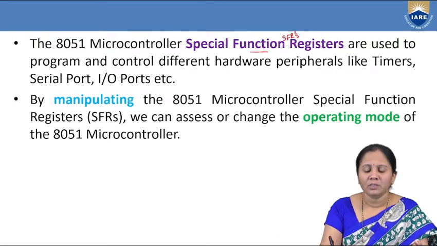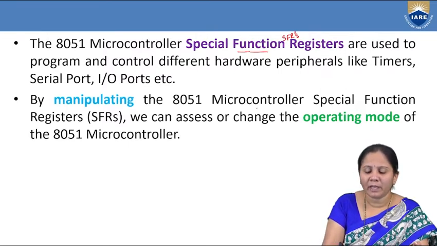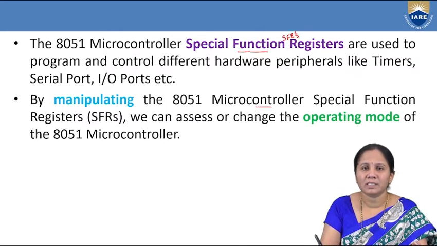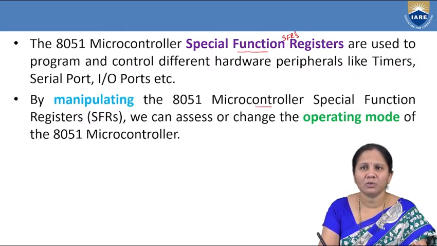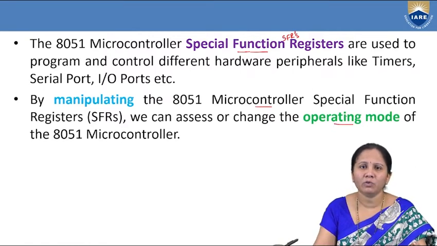Now, we have different special function registers. Among these, some of the registers come under bit manipulation registers. That means by manipulating some of the bits available in the registers of the 8051 microcontroller, we can access or change the operating modes of the 8051 microcontroller.